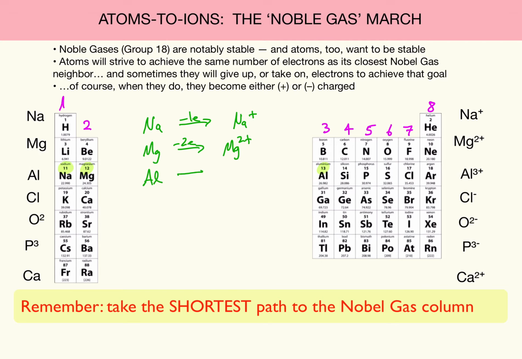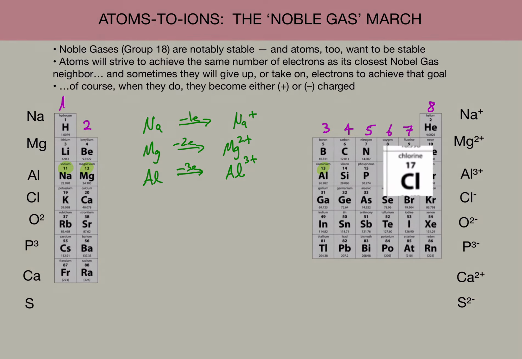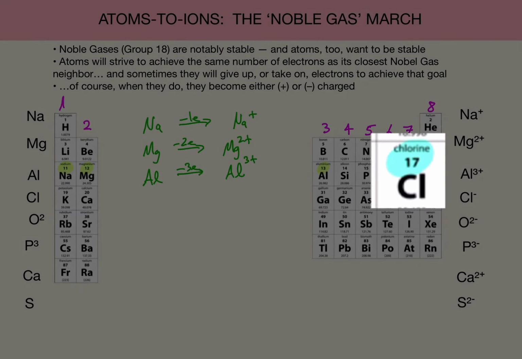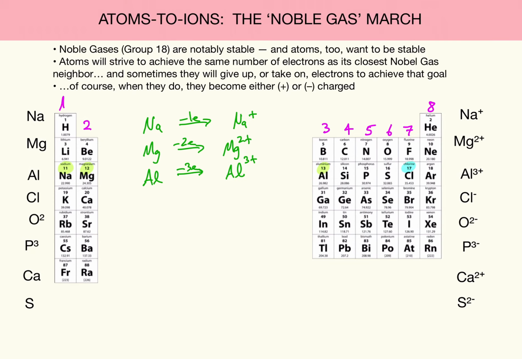So when an aluminum atom loses 3 electrons, it becomes an aluminum cation. Moving now to chlorine. Chlorine has 17 protons and therefore 17 electrons. To get to the noble gas column, it either needs to gain 1 electron, up to 18, or lose 7. It chooses to gain 1 electron. And so chlorine will gain 1 electron and become a chloride ion, a chlorine with a negative charge.